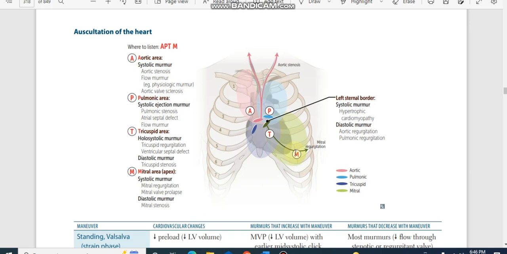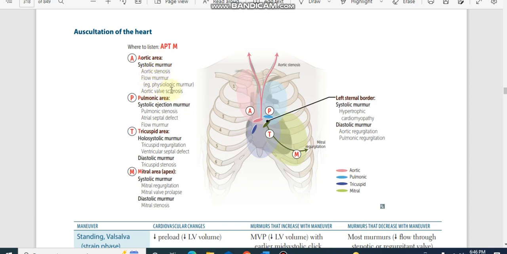So we say it is just medial to the mid-clavicular line. If we draw a line from the midpoint of the clavicle, it is just medial to the mid-clavicular line.